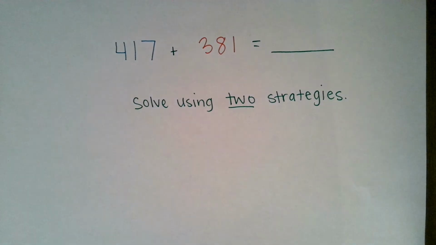Now I want you to pause the video and solve this equation using 2 different strategies. After you have solved, I want you to think about which strategy was the most efficient, which one needed the least number of steps, which one was the fastest, and which one could you do more steps in your head to solve.